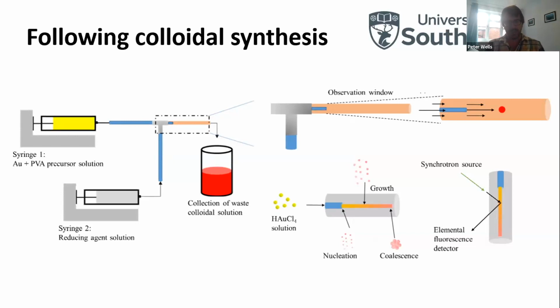And so we developed this flow setup, which is a coaxial flow. So essentially you have this T-junction here on the screen, and through the center of one of the outlets, you have your gold precursor. Then on the outside of that, you have a flow of your reductant and your capping agent.